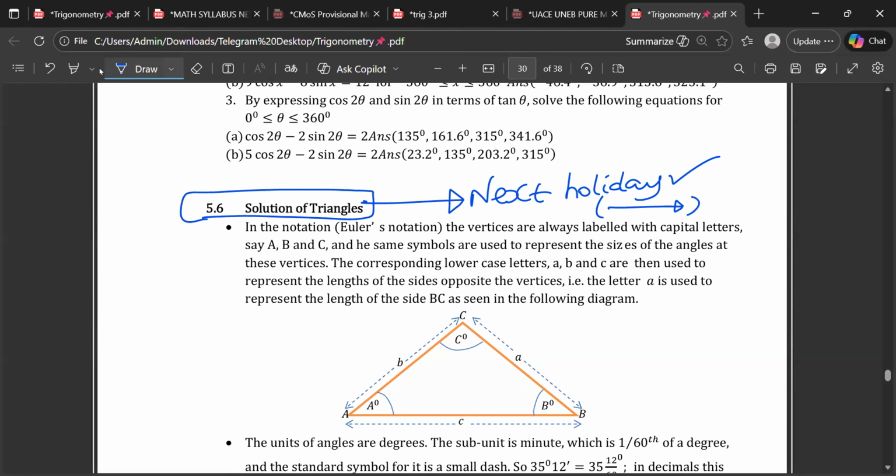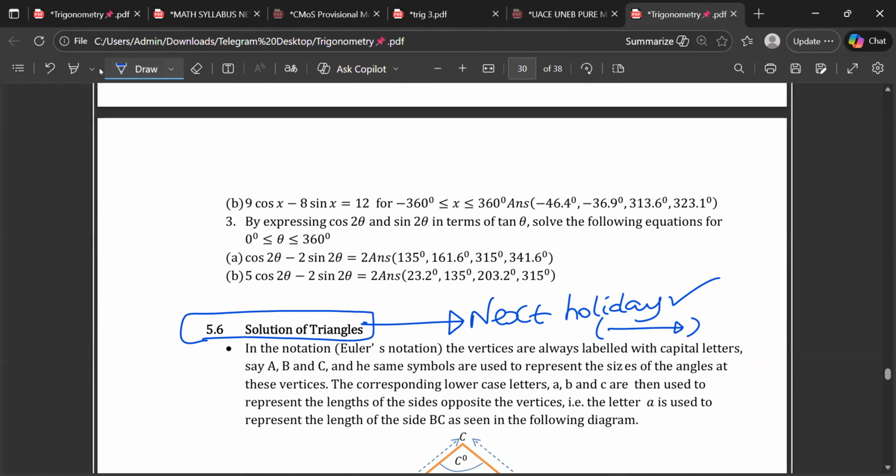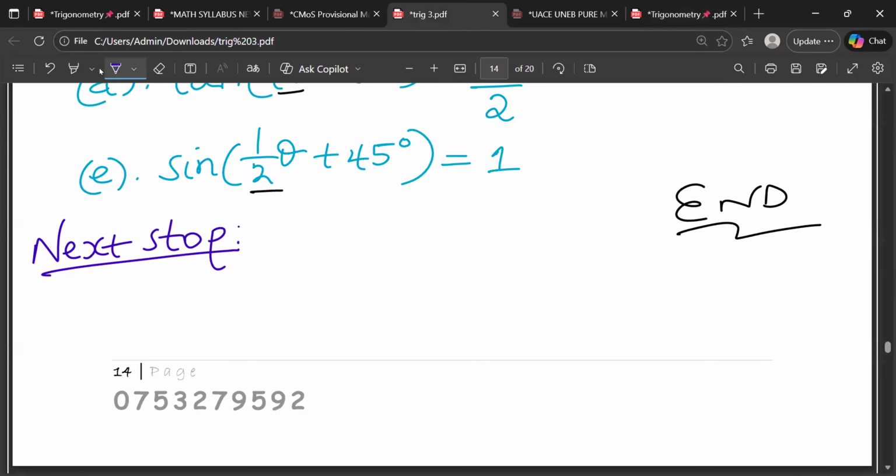So what are we supposed to understand? You realize we have inverse trig, we have factor formula, we have r formula, we have t formula. That is a bit serious, and I'm a bit worried. So our next stop is first and foremost more examples on application.